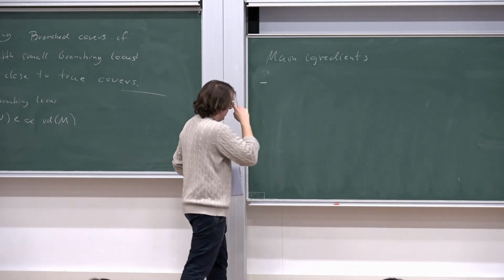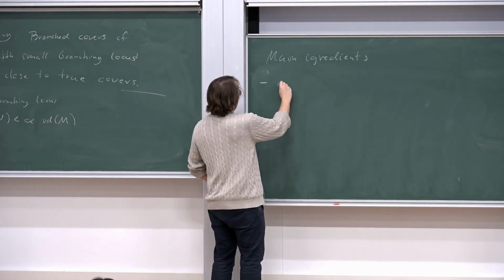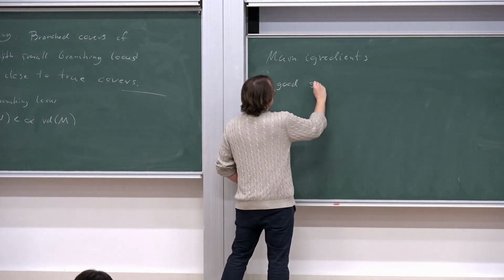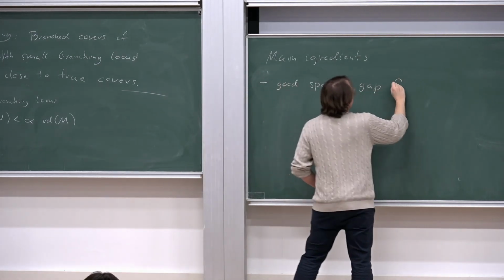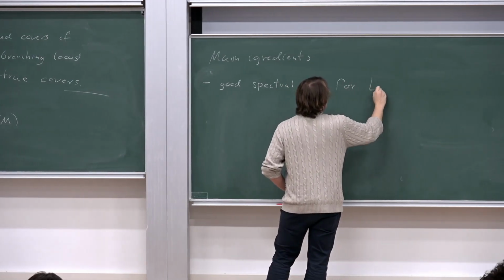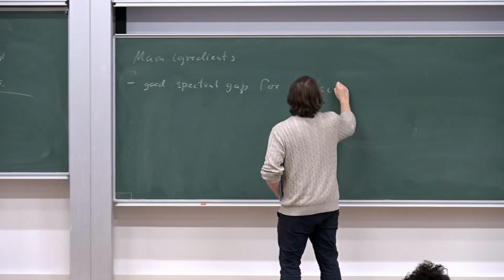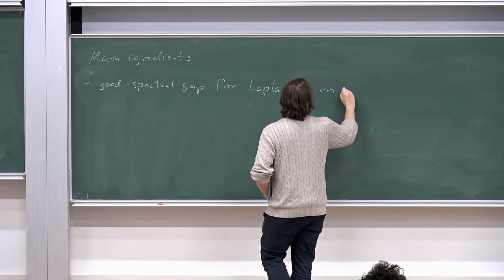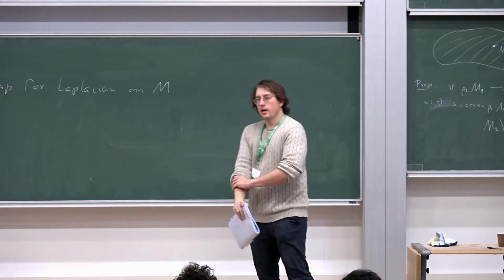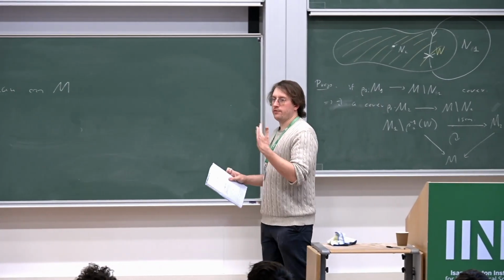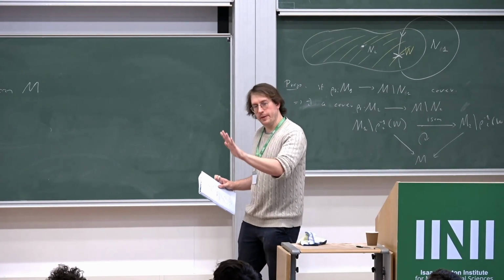So first you need to have a very good spectral gap for the Laplacian on M. And this is one of the reasons why we stick to octonionic hyperbolic manifolds, because they have very good spectral gap, which doesn't really depend on the manifold.